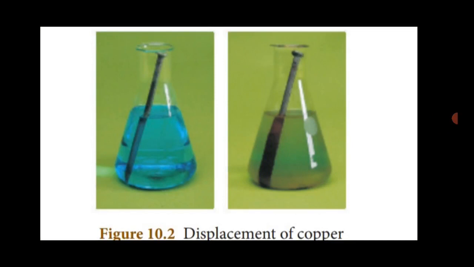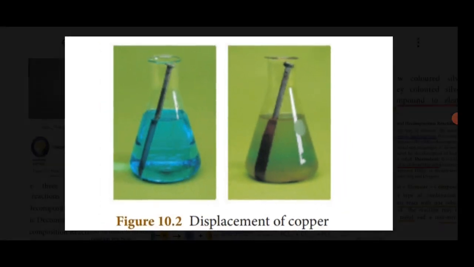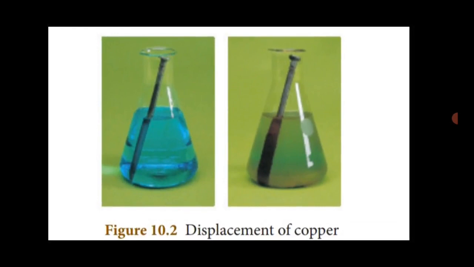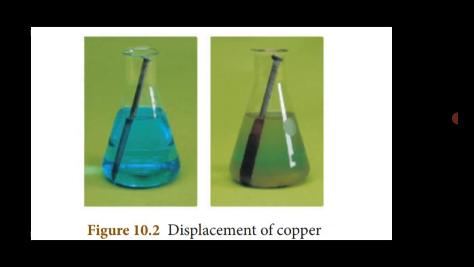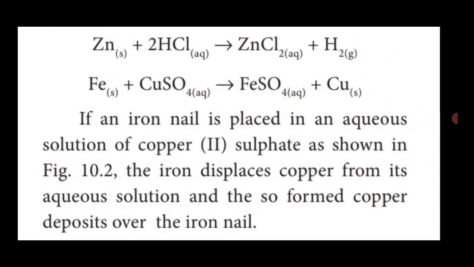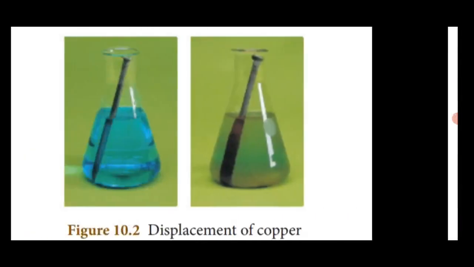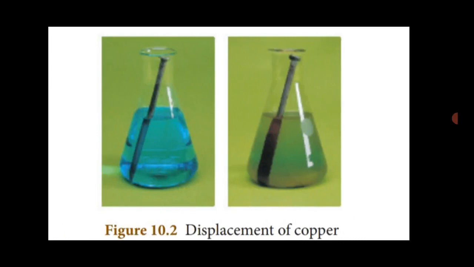The blue copper sulfate solution, with iron nails dipped in it, undergoes displacement of copper. So copper is deposited on the iron nails, and the aqueous solution changes color.